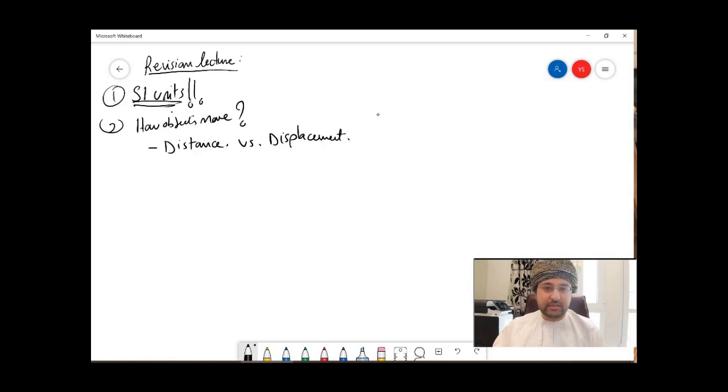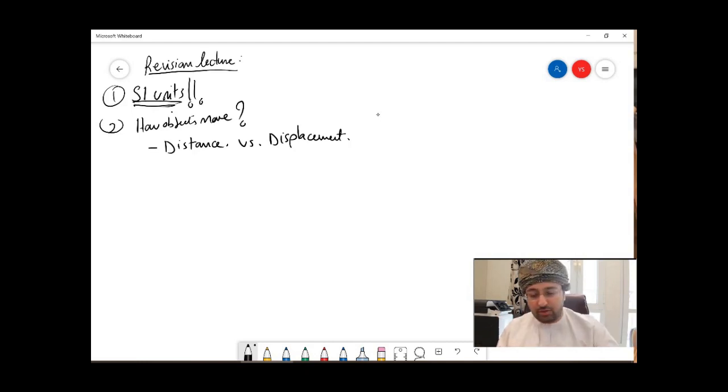And we said it's important to know the difference between these two. Distances add up but do not subtract. Displacements do both, okay? If I leave from my home, go all around the country, then come back again, my displacement is 0, but my distance is not 0.